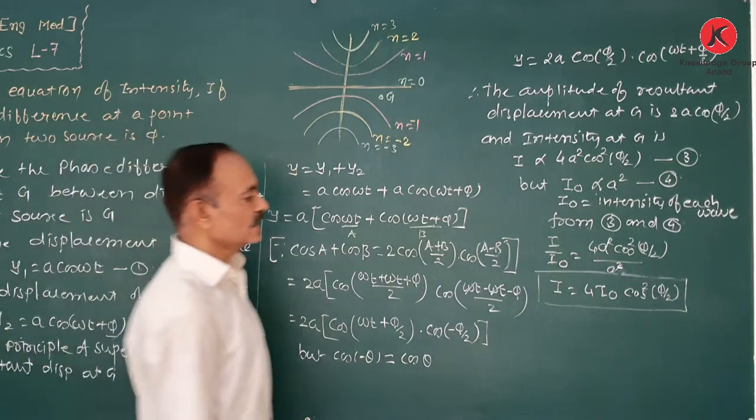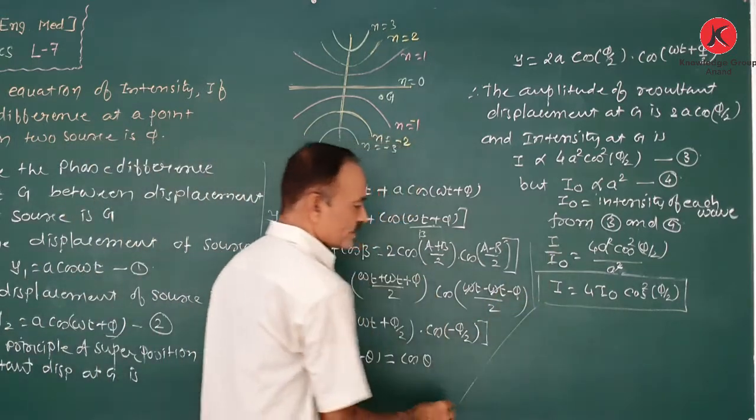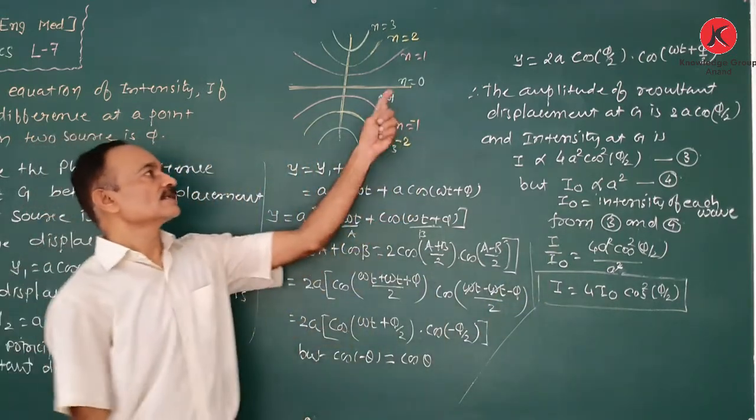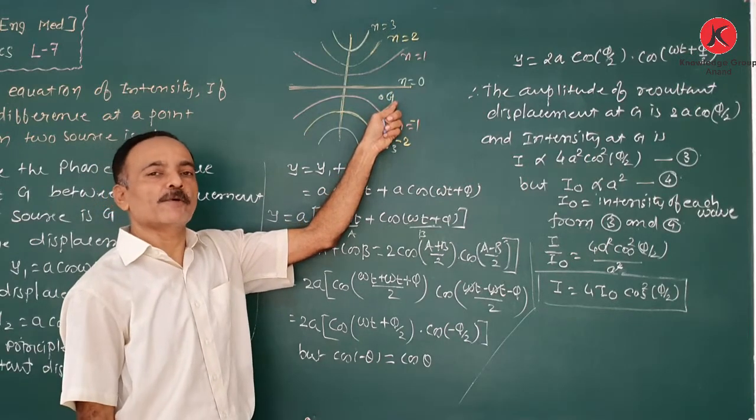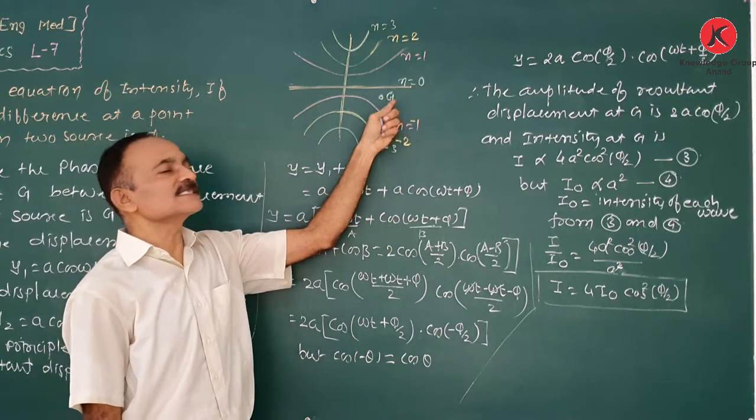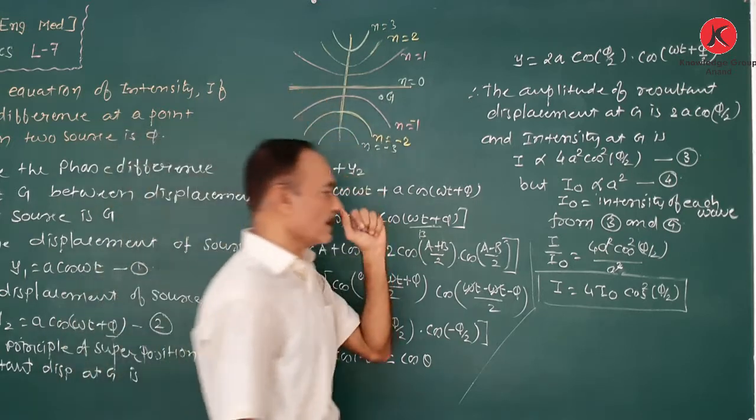Is this clear? If this equation is obeyed, then constructive interference will be formed at G and the intensity at that point is maximum.